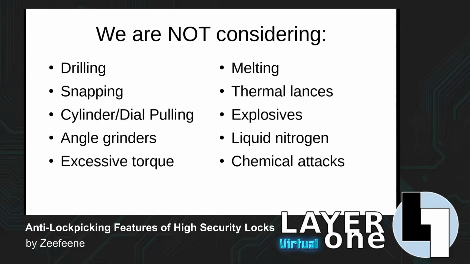For some high security locks, they will use a relocker. So this is a sacrificial portion in front of the lock. And if you were to destroy this sacrificial portion, say using any of the aforementioned methods on this slide, you will trip the relocker mechanism and the whole thing will brick itself, whether that be a vault door or a safe or whatever it may be.